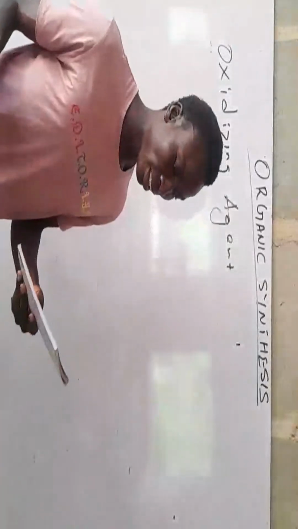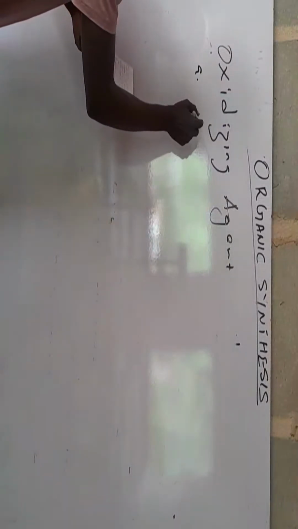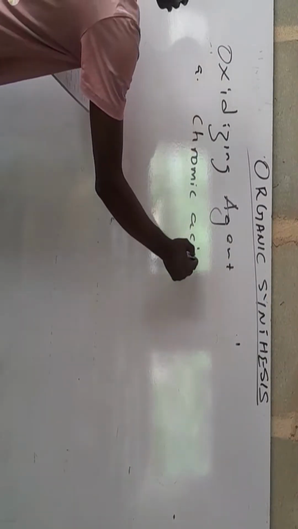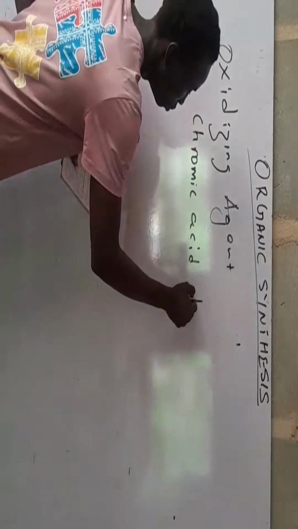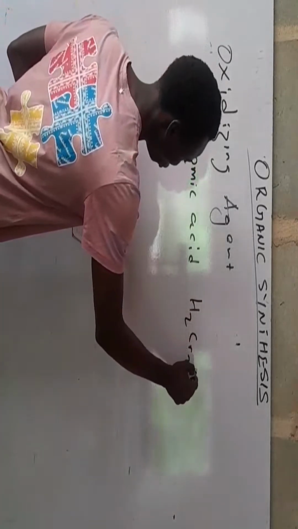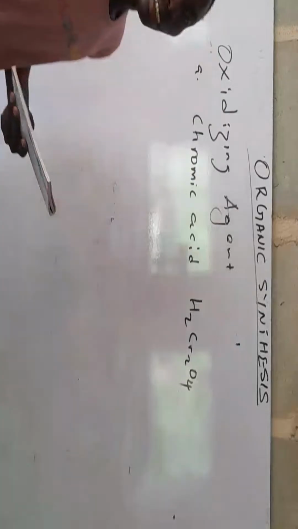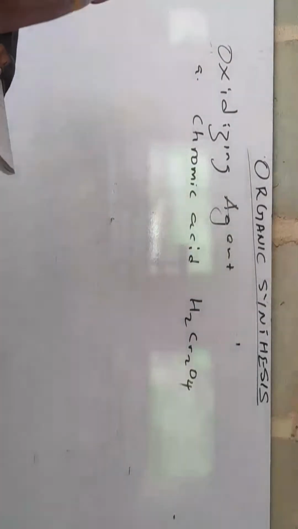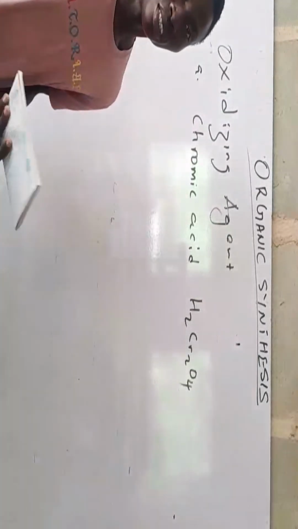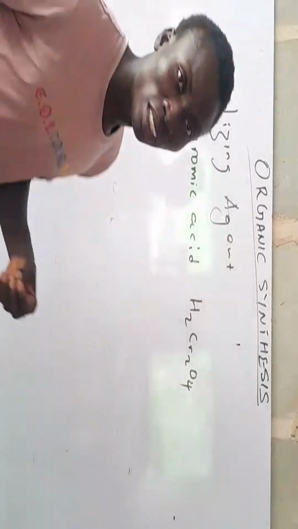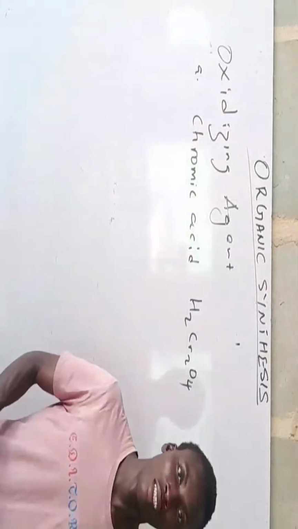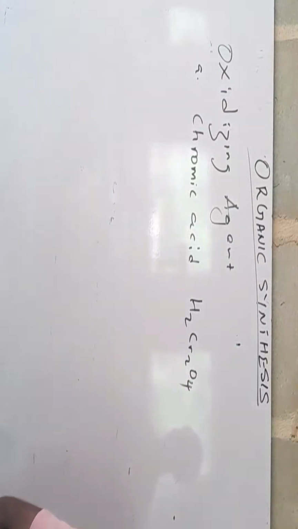So among the oxidizing agents, I'll be introducing the following to you, where we have what we call chromic acid, which is H2CrO4. That is the formula for it. We have many related oxidizing agents, but I would like to take them one after the other so you can understand the concept carefully.